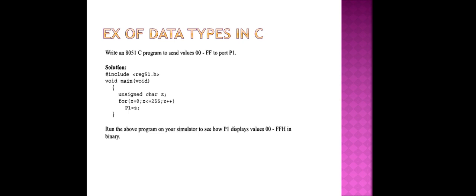Then an example for the data types in a C program. The first is to write an 8051 C program to send the values 00 to FFH to port 1. That is, 00 to FF means the numbers 0 to 255. These values are sent to port 1.